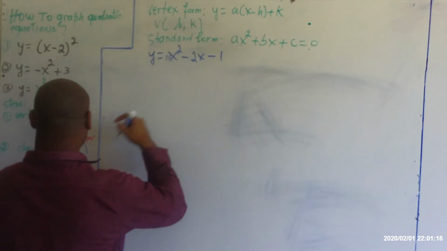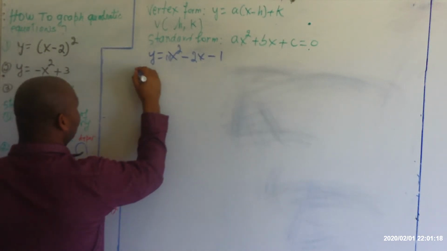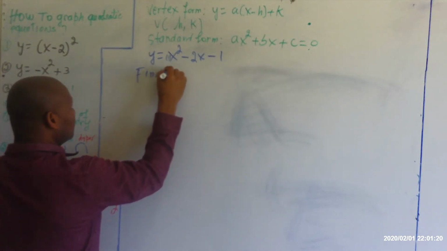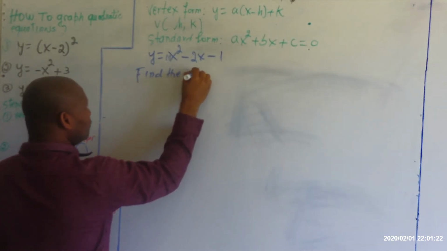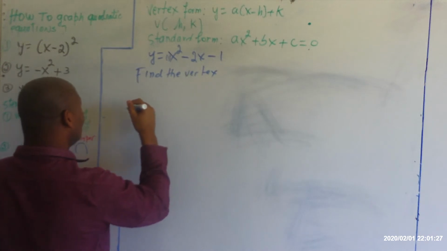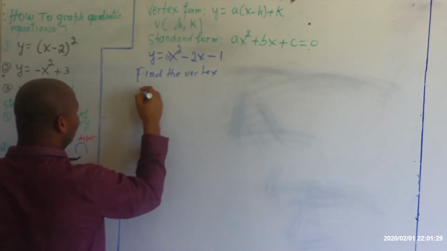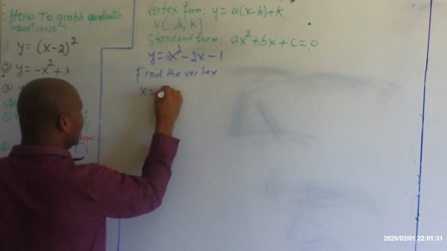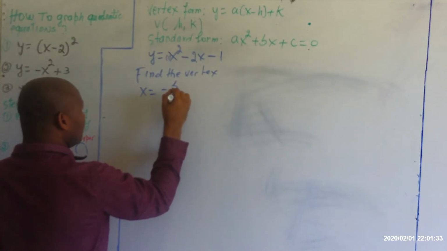First step is find the vertex. To find the vertex, I need to use a formula. x equals negative b over 2a.